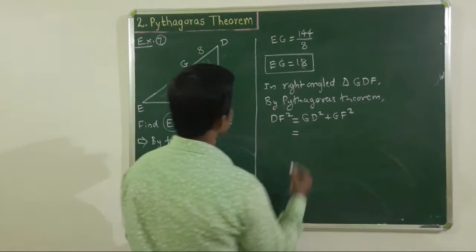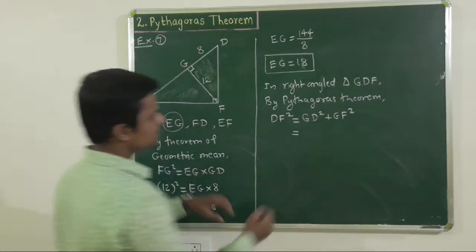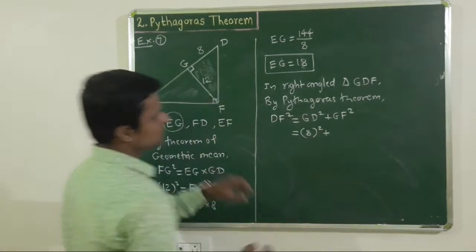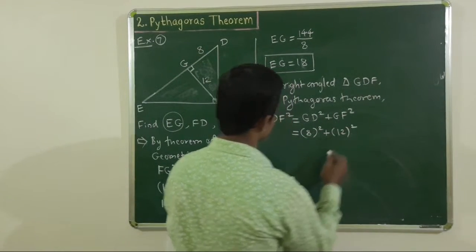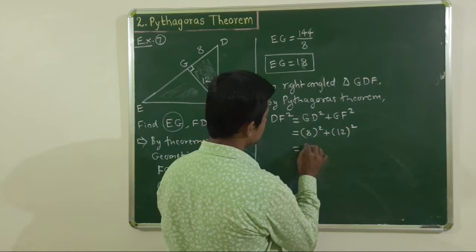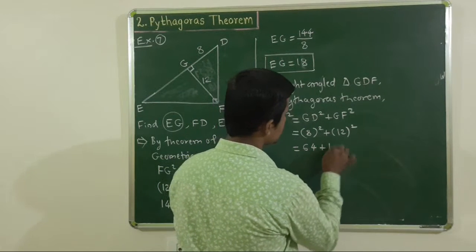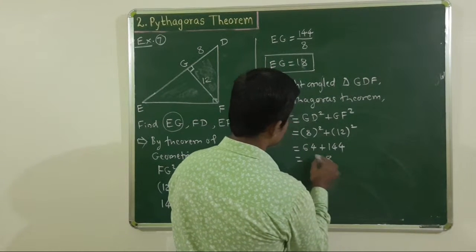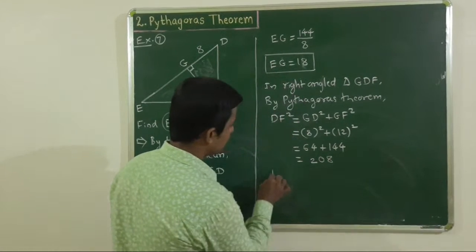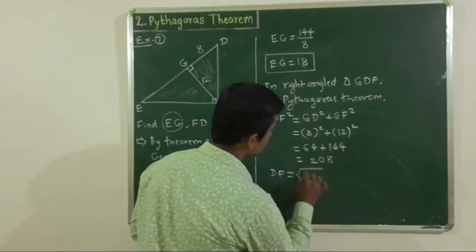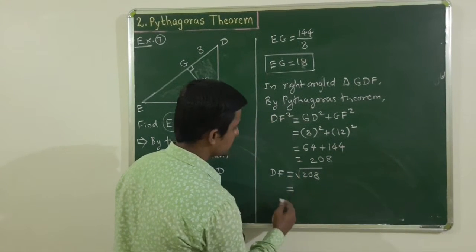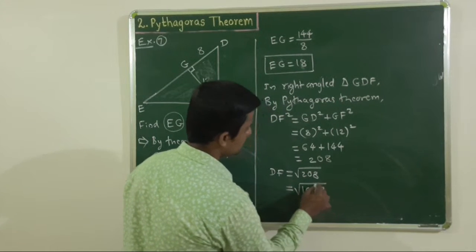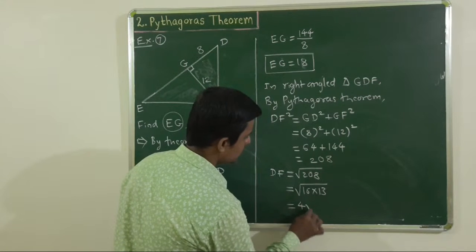That is equal to GD square is 8 square plus GF is 12. That is equal to 8 square is 64 plus 12 square is 144. That is equal to 208. Therefore, DF is equal to square root of 208, that is equal to square root of 16 into 13, that is 4 root 13.